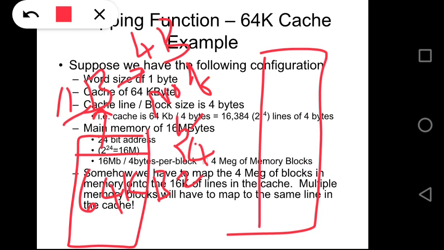Now let's assume this is my main memory and it is in MB. Of course, now the main memory is in GB, but for simplicity, we are saying that it is 16 MB.